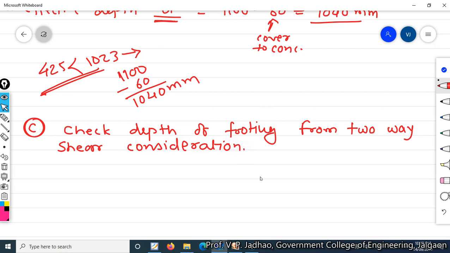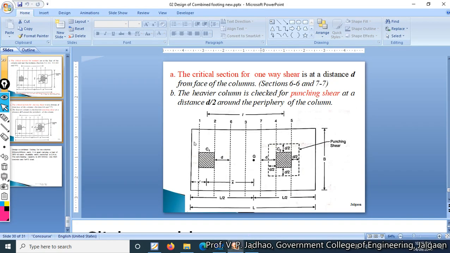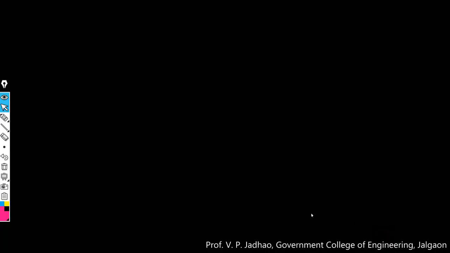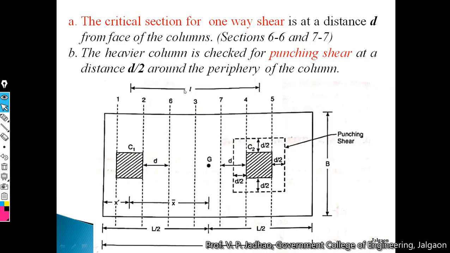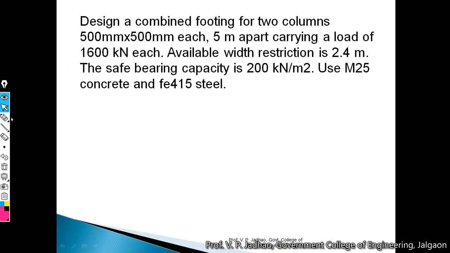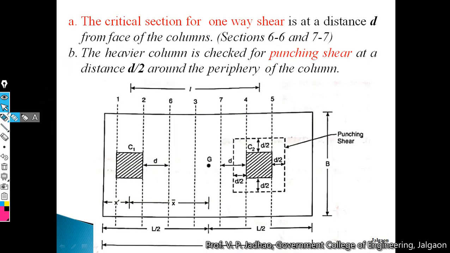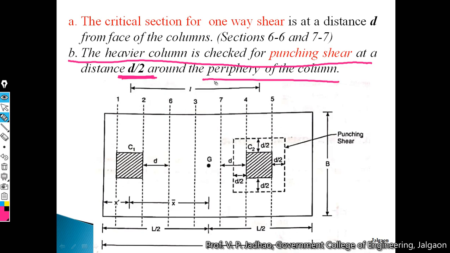Now we have already seen that the critical section for punching shear, which is also called two-way shear, is at a distance small d by 2 from the face of column, and it is around the periphery of the column.